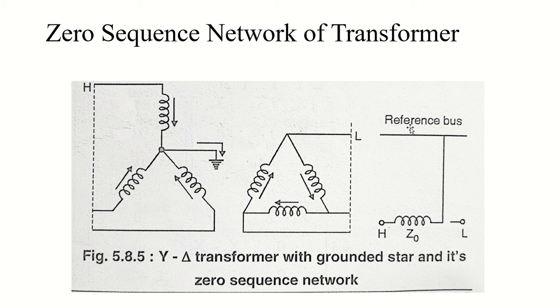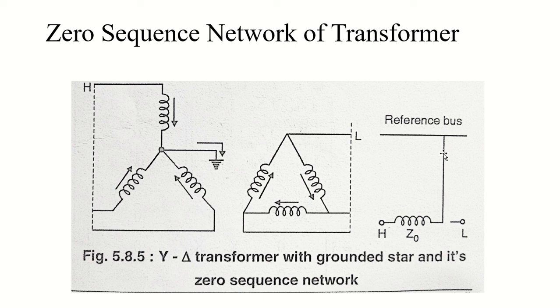Because of that, the zero sequence network will have a path from line H on the star side through the zero sequence impedance of the transformer to my reference bus. As you can see here, H is connected to my zero sequence impedance and to the reference bus of my transformer.